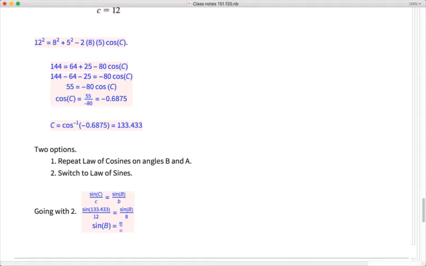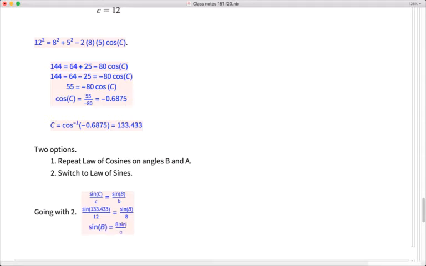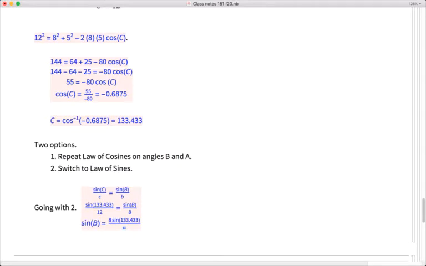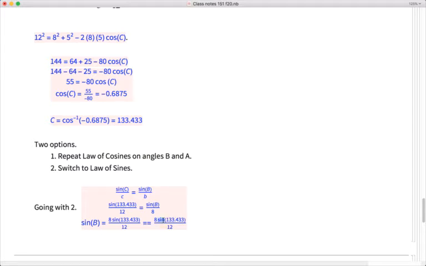It winds up being 8 sine 133.433 over 12. Right. Same requirement here to get the angle B itself.